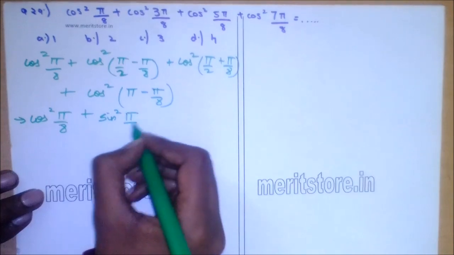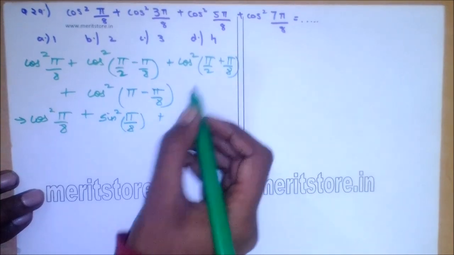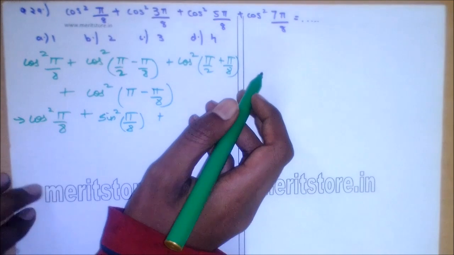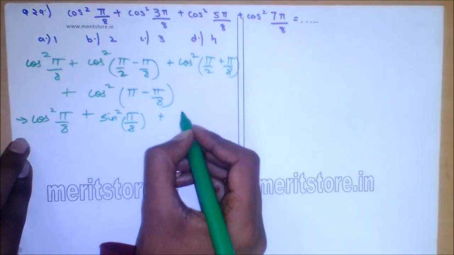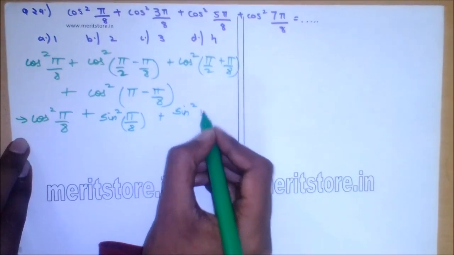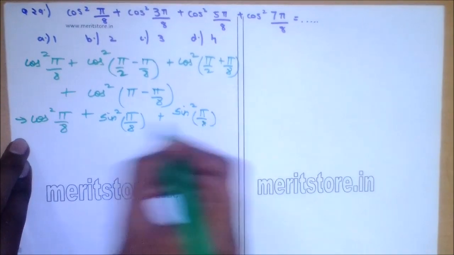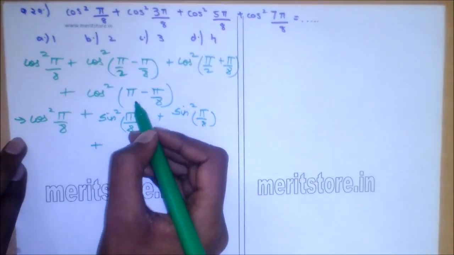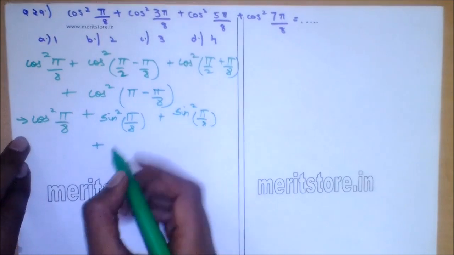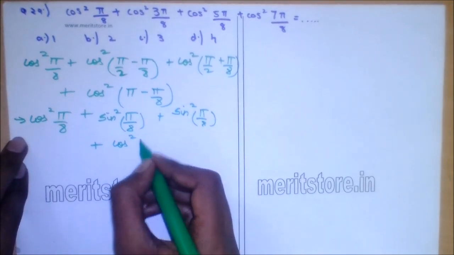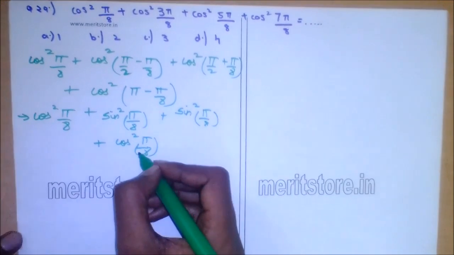So sin square pi by 8 plus cos of pi by 2 plus theta is again sin theta. So sin square pi by 8 plus cos of pi minus theta is cos theta. So cos square pi by 8.